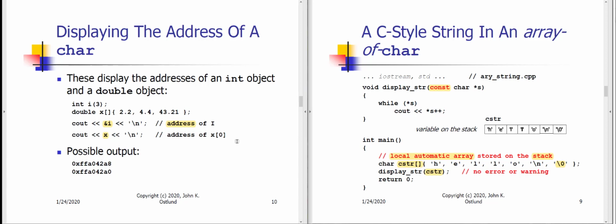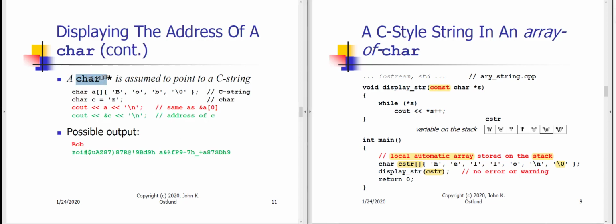Now, on the other hand, if we use a pointer to character in our cout statement, then the cout object assumes that that char pointer is pointing to the first character in a C string. And so what cout does, instead of just displaying one character, is to continue displaying characters at sequential addresses until we hit the null character at the end of the string.